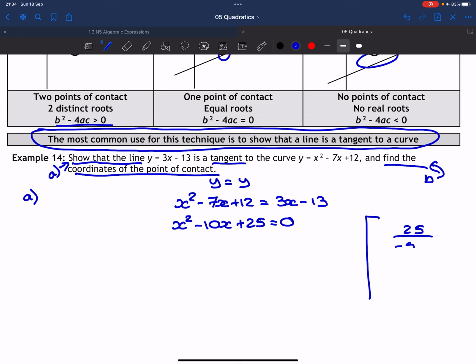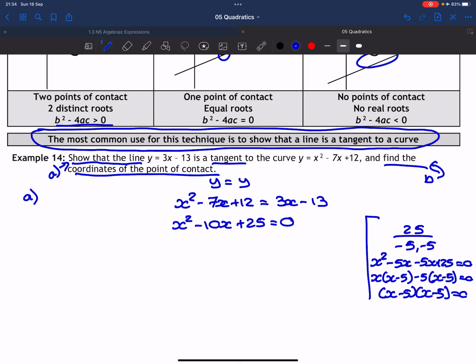So I'm thinking negative 5 and negative 5. That gives x squared minus 5x minus 5x plus 25 equals 0, so x bracket x minus 5, minus 5 bracket x minus 5 equals 0. So I get x minus 5 and x minus 5 equals 0.